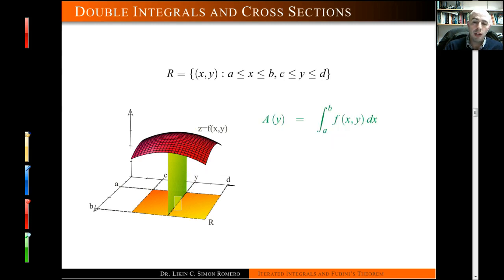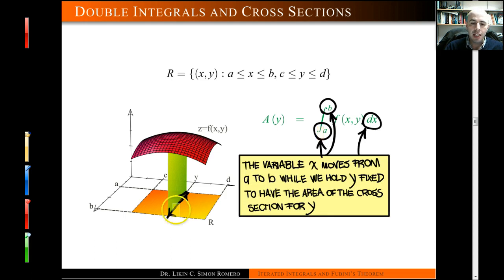So the only thing that we have to do is take the integral from a to b of f of x y dx. The variable x is moving from a to b. We hold y fixed, and this green area is the one that we're going to compute, by holding y fixed and integrating this function with respect to x.